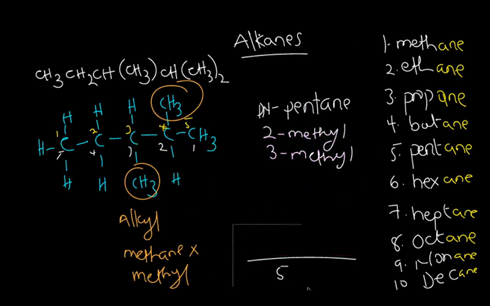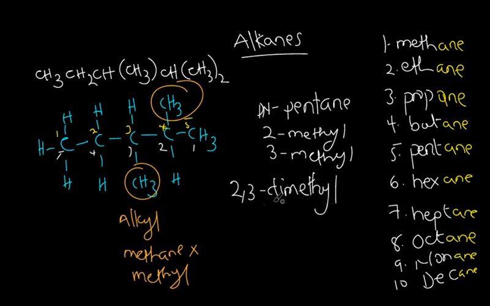Now that we have that down, let's name our compound. We know we have two substituents, and our parent name is pentane. These two are methyl, so it will be dimethyl. So we have 2,3 dimethyl.